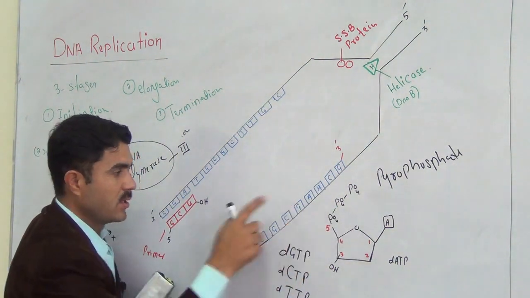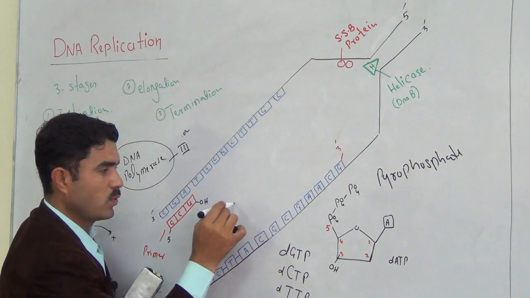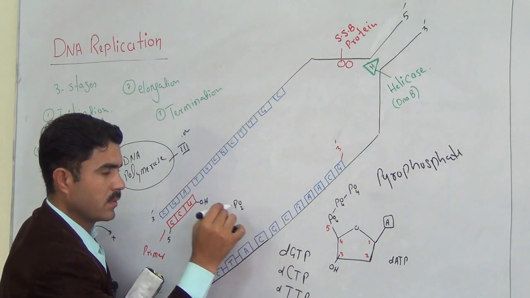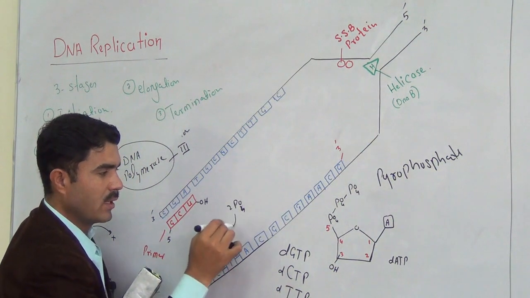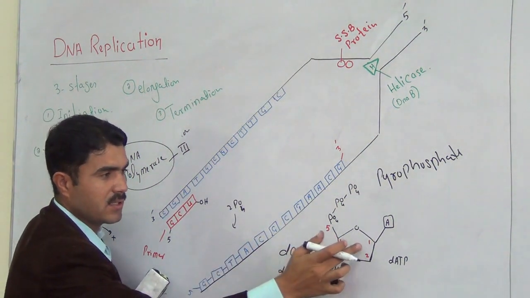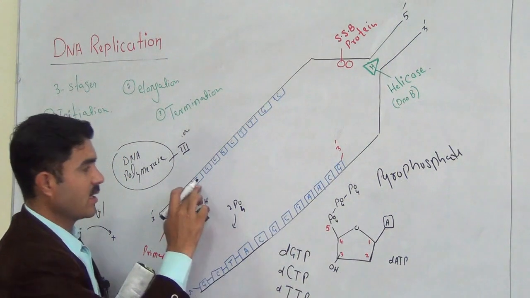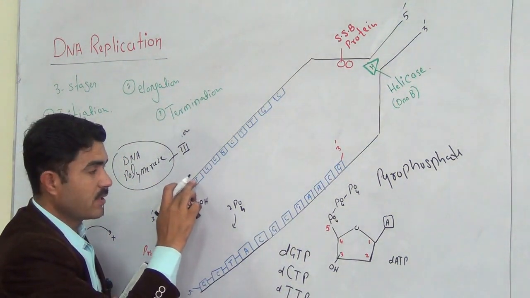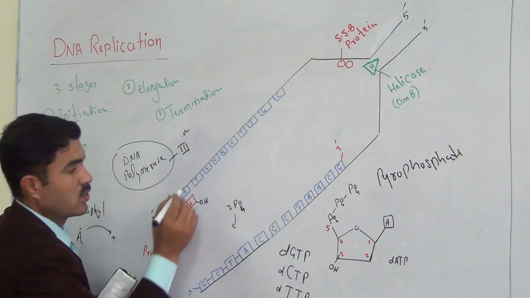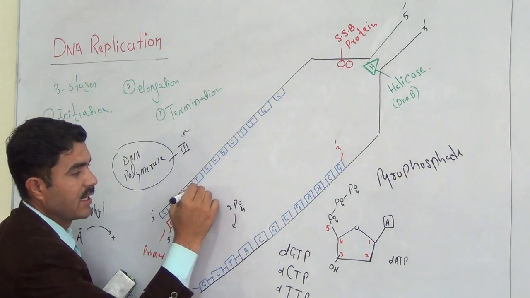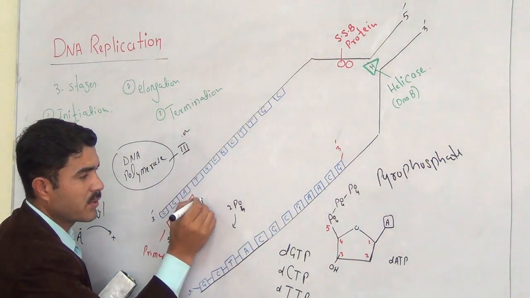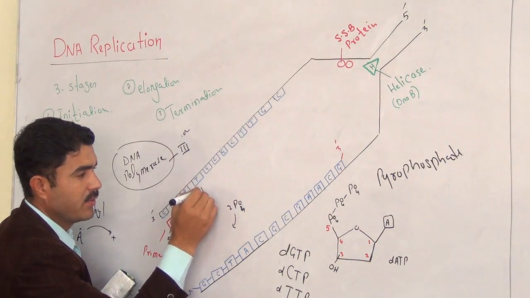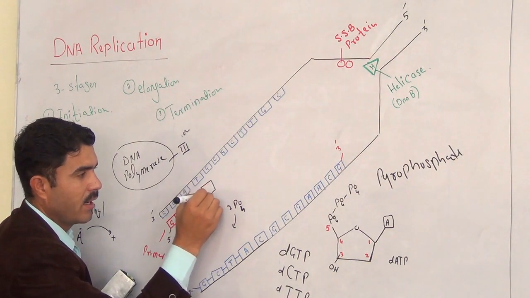So what will happen, these two phosphates, PO4, will be removed, and this whole nucleotide will be attached. Here is thymine, so in front of thymine we must have adenine, so an adenine nucleotide will be attached here. So I'm going to attach a new nucleotide, adenine.